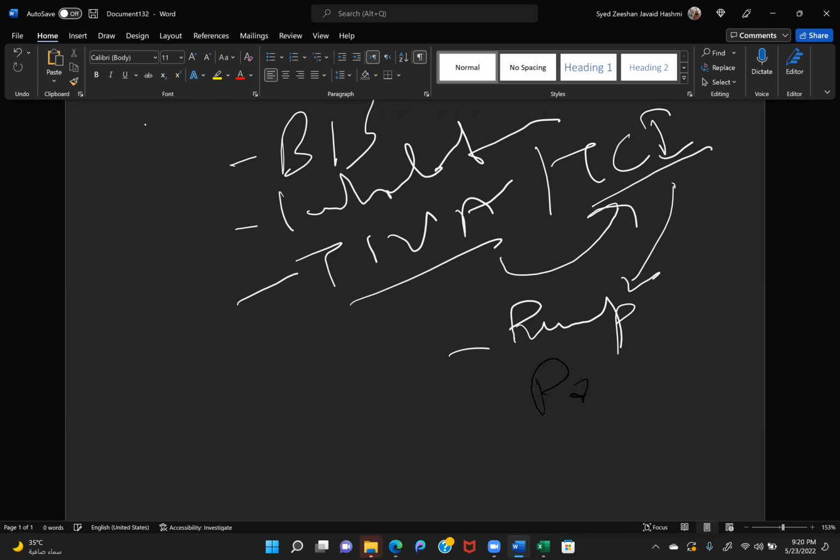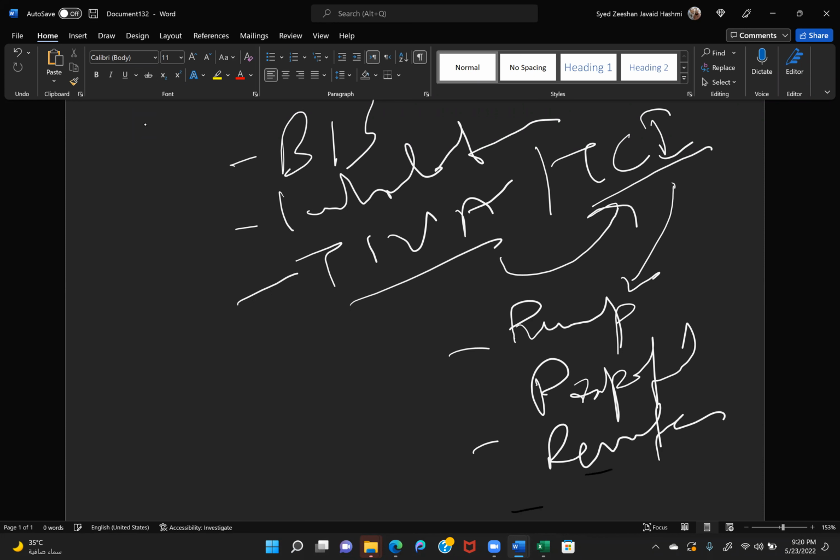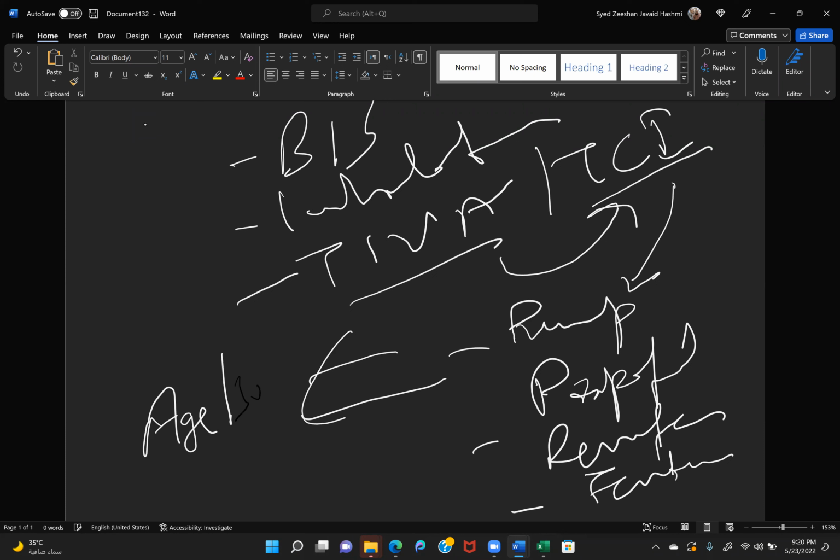This is for propofol, remifentanil, and fentanyl. And we can go into some detail about the Marsh model and the Schnider model.